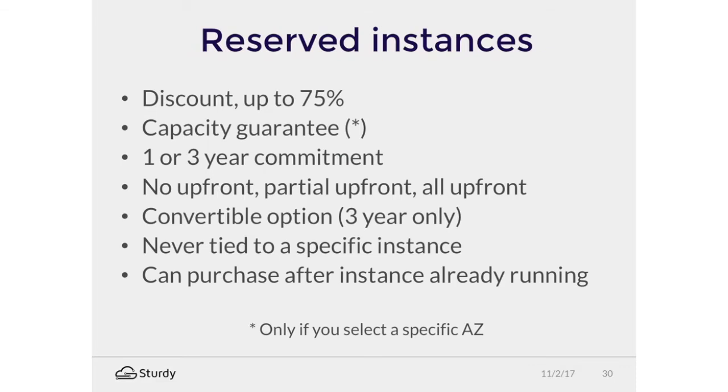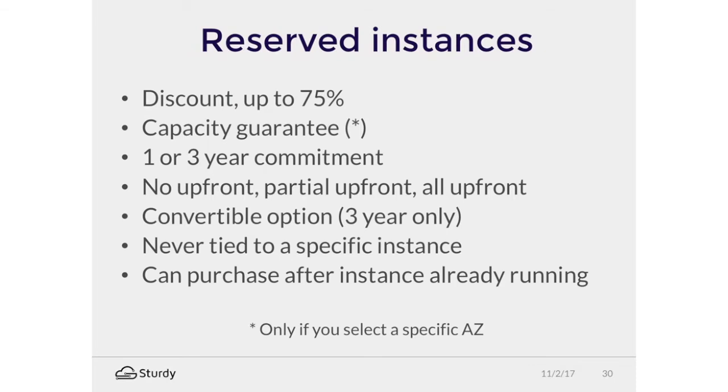Now, the last 2 bullets apply to all reservations, and they are by far the most misunderstood part of reservations. A reservation is not a particular instance that's running. You can't go to the console and point at an instance and say, this is this reservation.